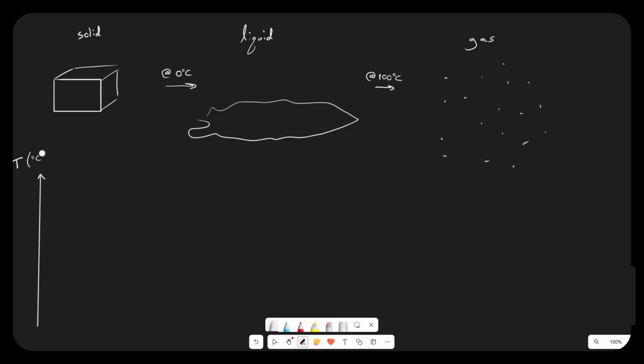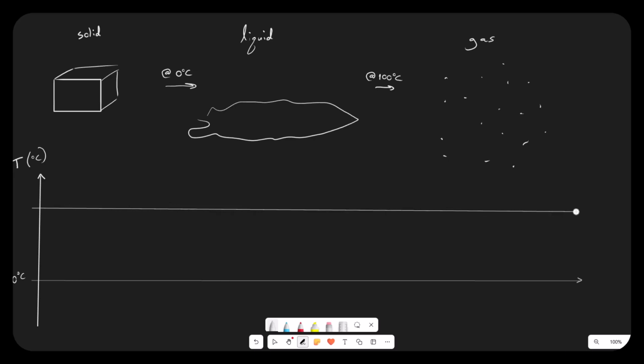Let's put it in degrees Celsius. This is 0, and we'll put 100 up here. I might have this block of ice that starts out somewhere well below 0 degrees. I keep heating and heating and heating, and now I get to that 0 marker.